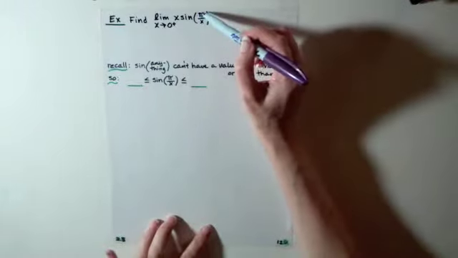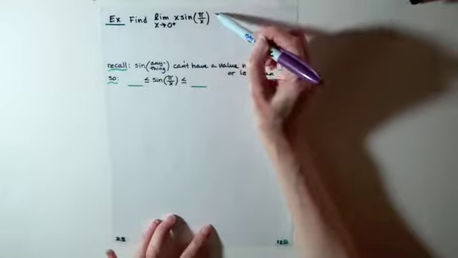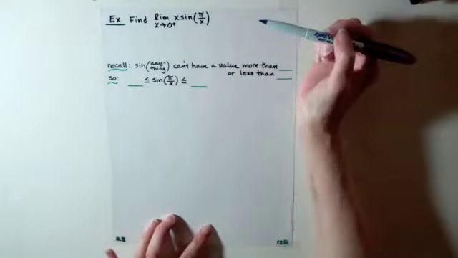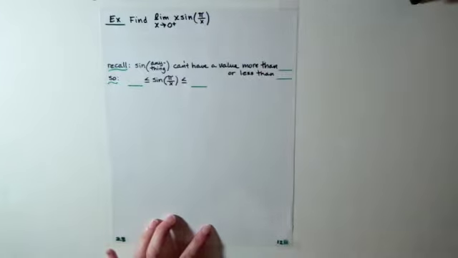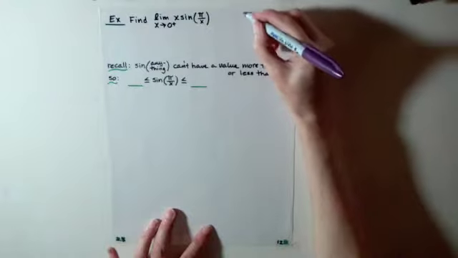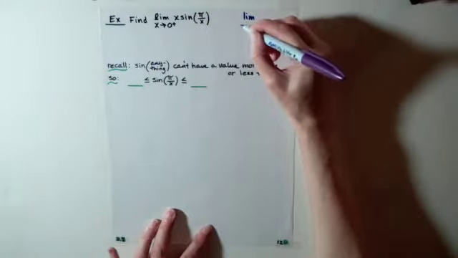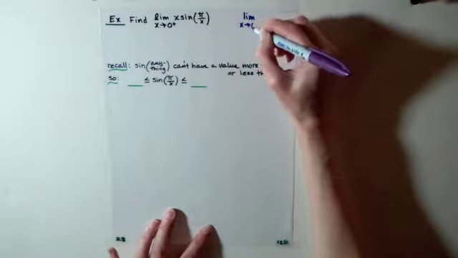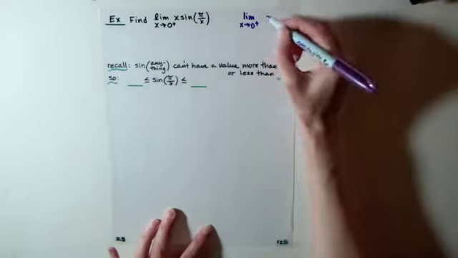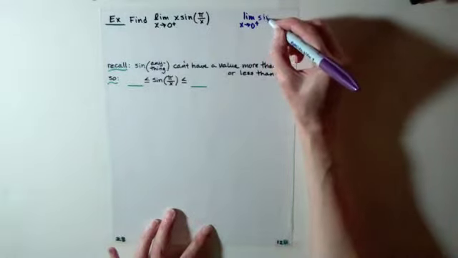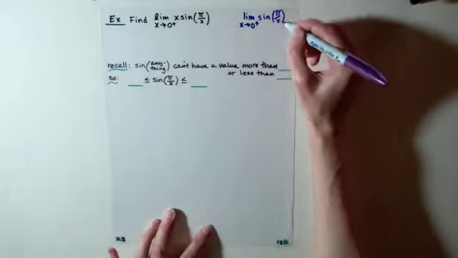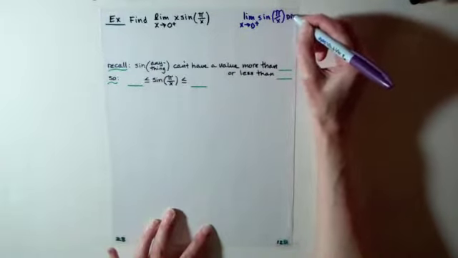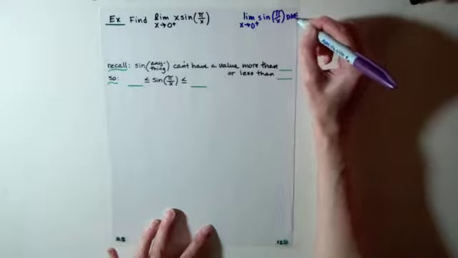Now, this is kind of a weird function. We've actually already talked about the function sine of pi over x, and you might remember that in an earlier section, we found out that the limit as x approaches 0 from the right of just sine of pi over x does not exist.